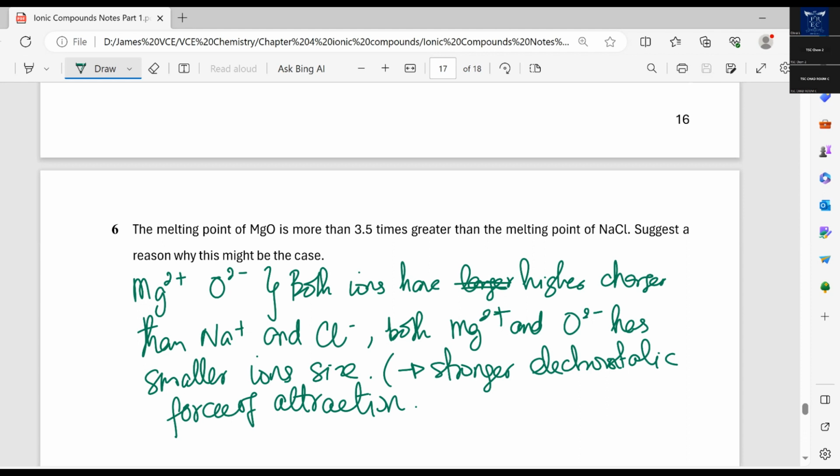Is there any more interesting questions? I think the next question we have actually tried to explain, more or less similar, because potassium cation is larger than sodium.